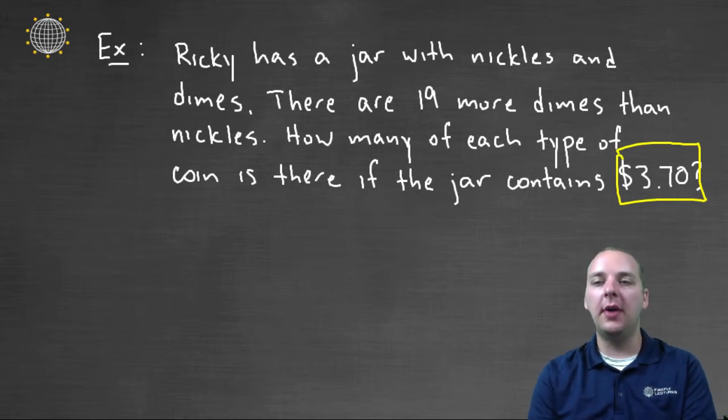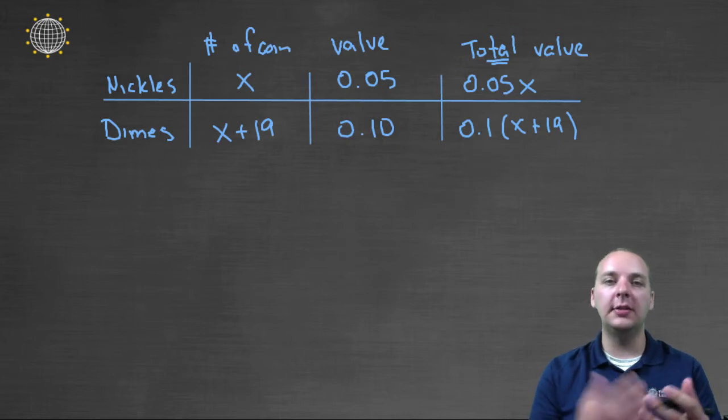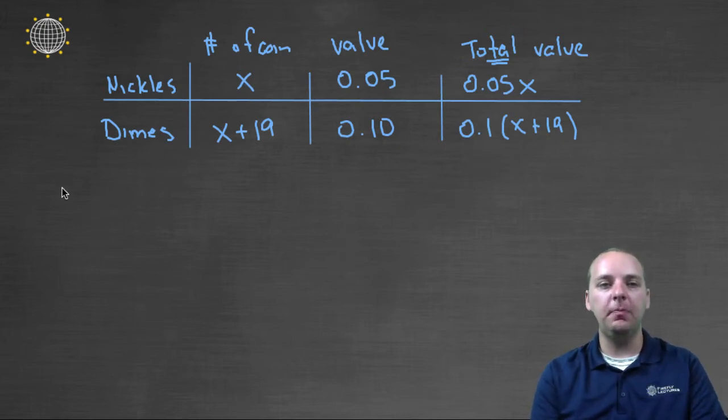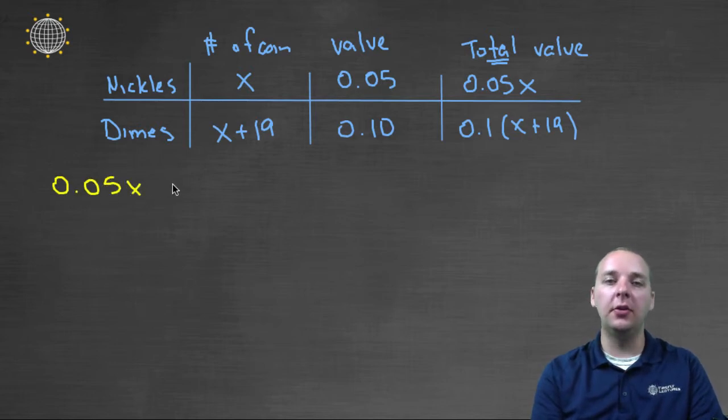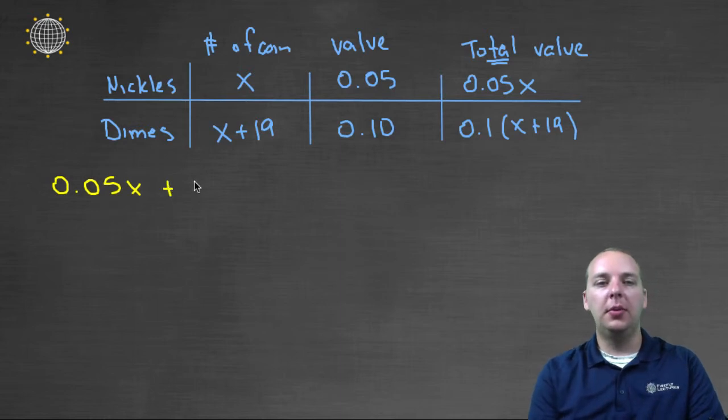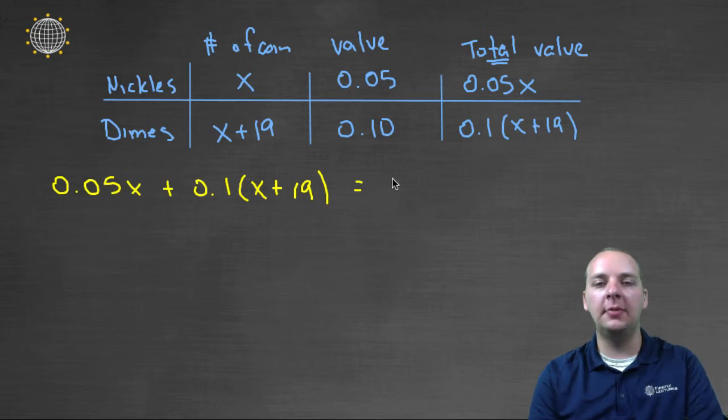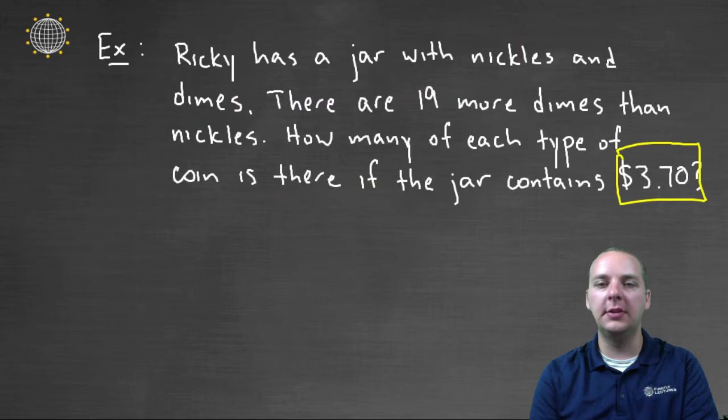So that would be the value of the nickels plus the value of the dimes. So we can take 0.05x, that's the value of all the nickels, plus 0.1 times x plus 19, and that total value from the nickels and the dimes should be $3.70.